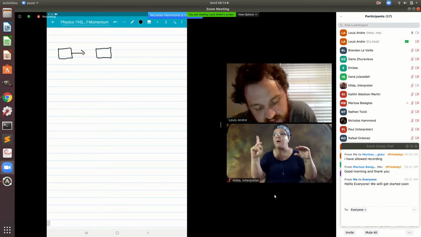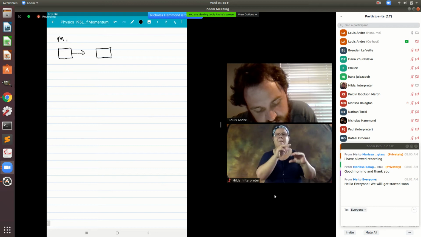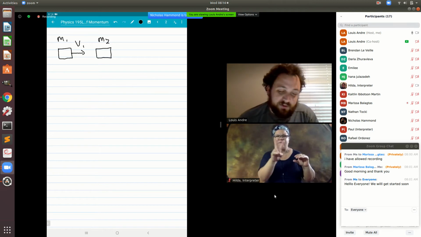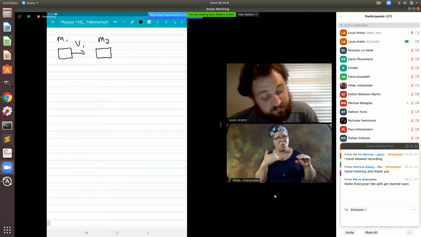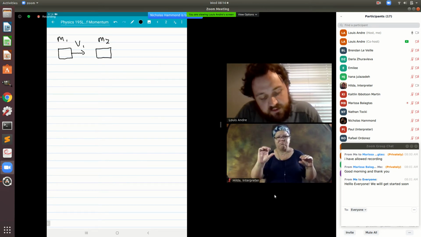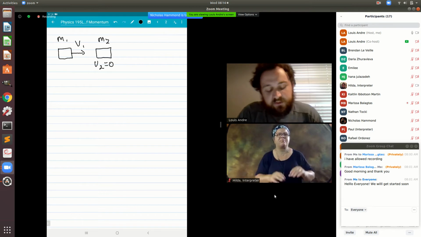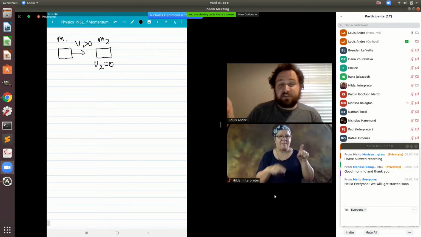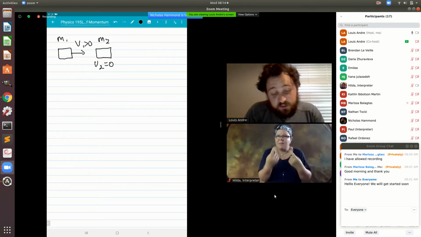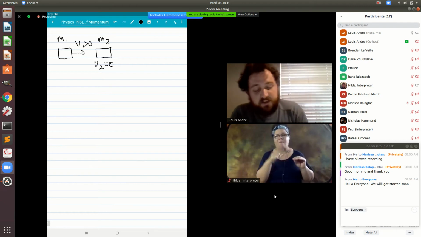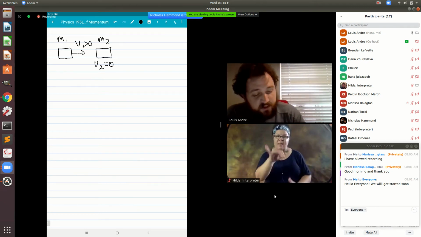This one has mass m1, this has mass m2. This has velocity v1, and this has velocity v2, but it's 0. The first block is moving with some velocity greater than 0, and the second block's velocity is 0, v2 equals 0, so it's stationary. I'm not giving it values right now, but there are two blocks with some masses and some velocities, and one is moving towards the other. This is the initial configuration.